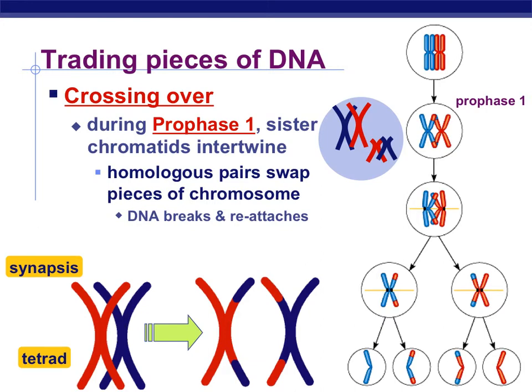Now the implication of that is that the genes may be similar, but they might be different forms of the same gene. As you see in the model here, you see a different color in each of these homologous chromosomes; the overall gene makeup, gene sequence, and DNA sequence has now been shuffled.